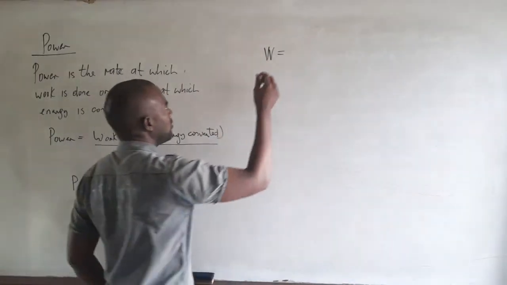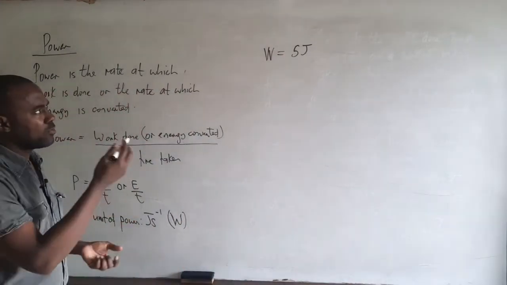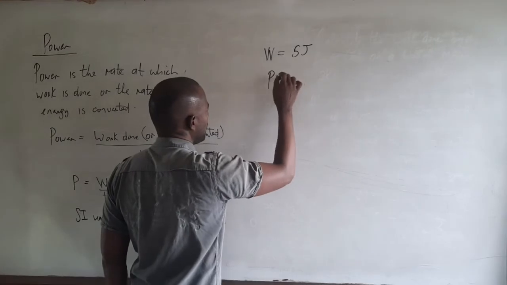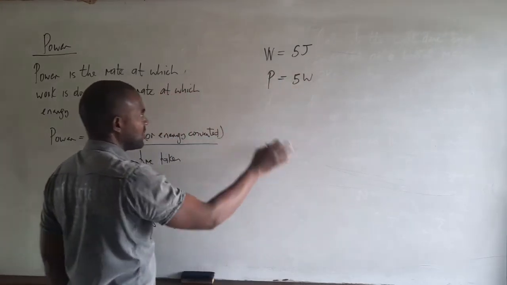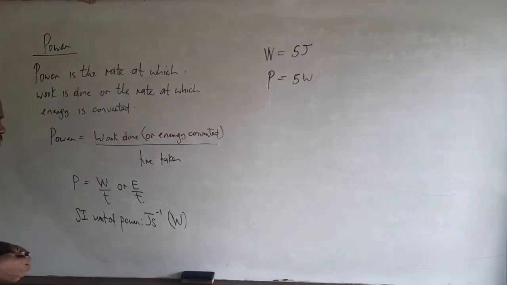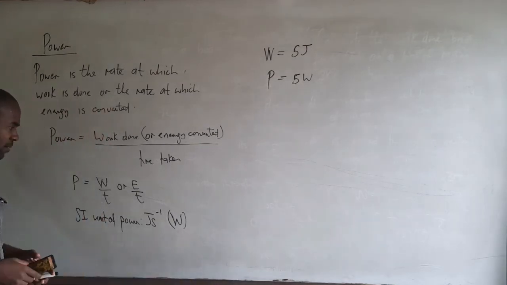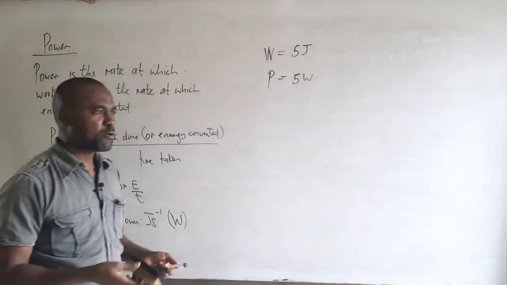So if you see W equals, say, 5 joules, then clearly we're talking about work. However, if you see P equals 5 W, then this W represents watts, and of course P is the power, right? So power is work done or energy converted divided by time taken, whereas the SI unit of power is the joule per second, which is equivalent to the watt.